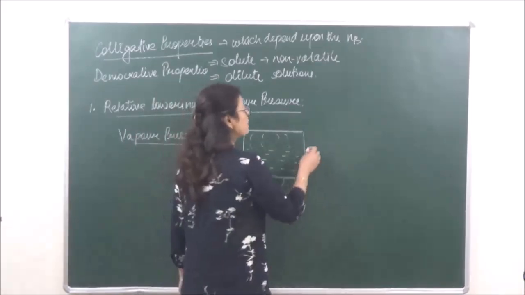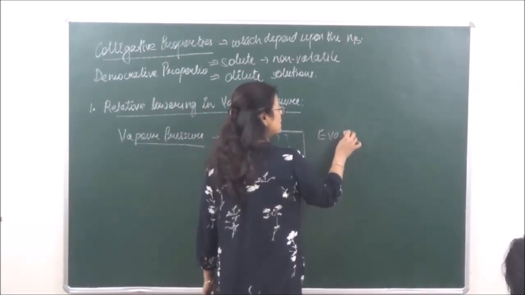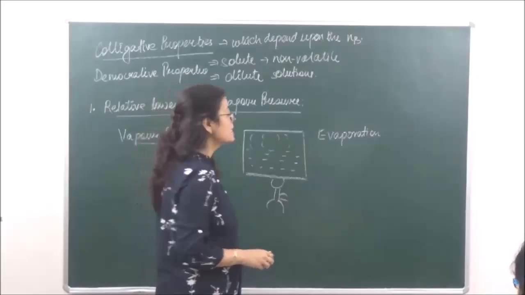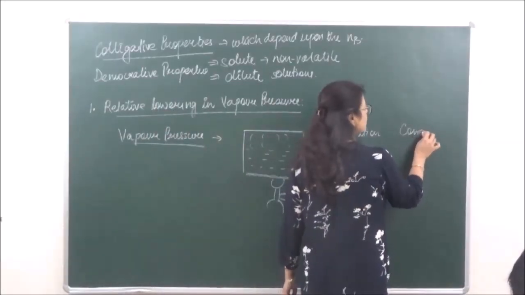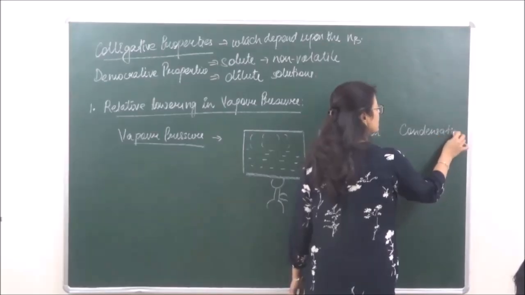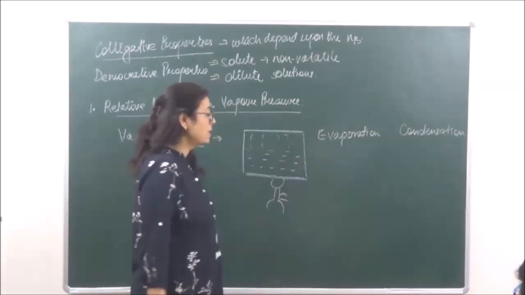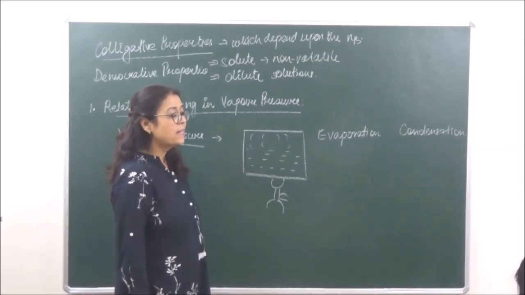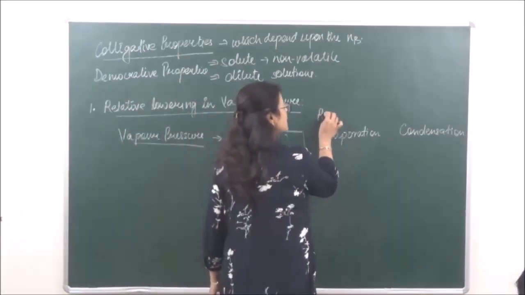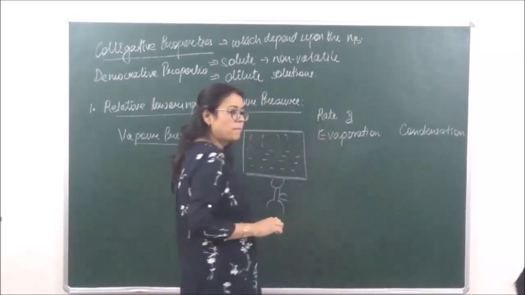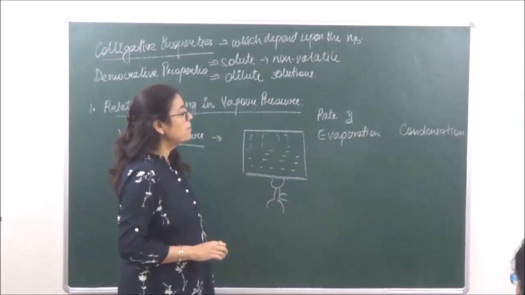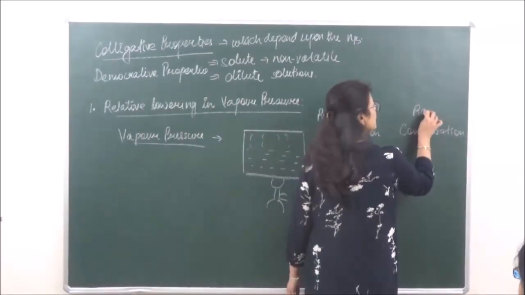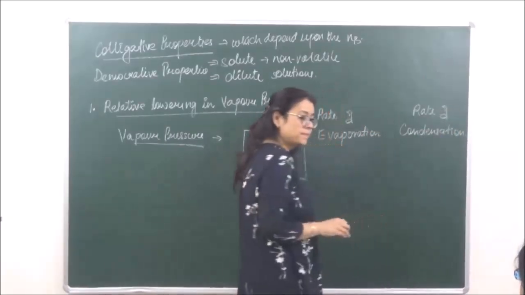The first one is known as evaporation, and the second one is known as condensation. The amount of liquid being converted into vapors, that process is known as rate of evaporation, and the amount of vapors which condense back to form the liquid is known as rate of condensation.